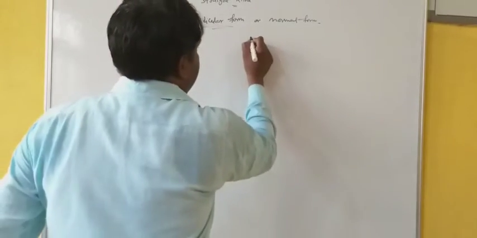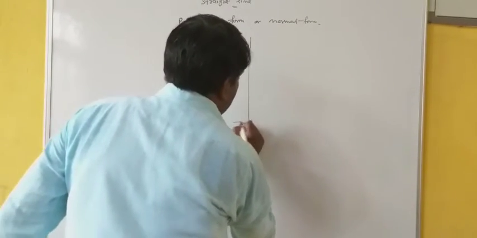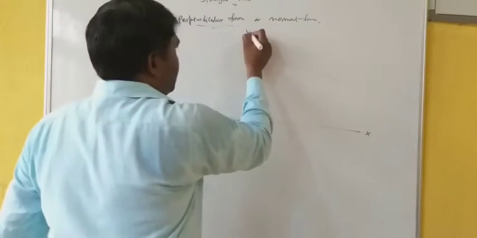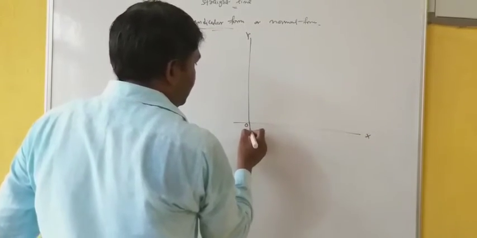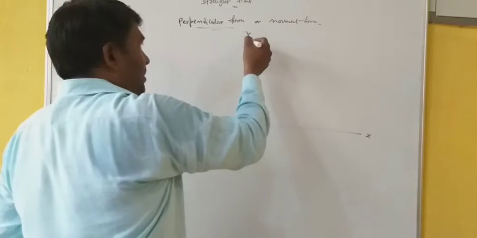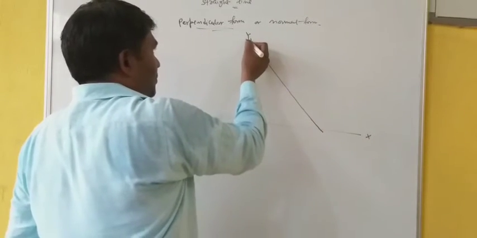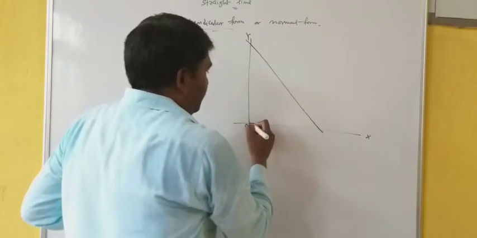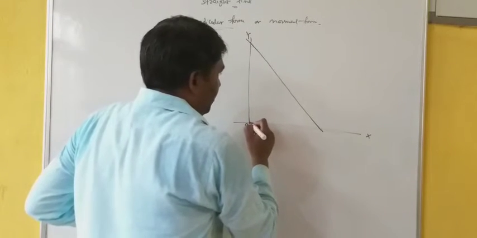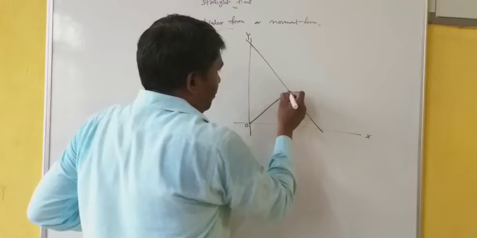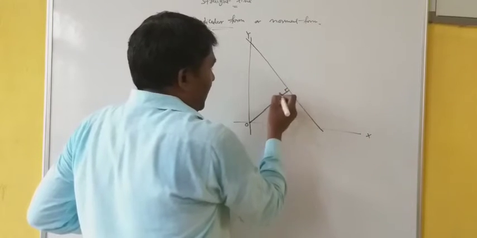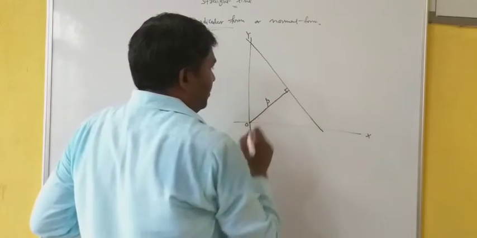Now see, this is your x-axis, this is the y-axis and the origin. Now let there be a line. Suppose from the origin you draw a perpendicular or normal on this line, and this is the length of the perpendicular, p.